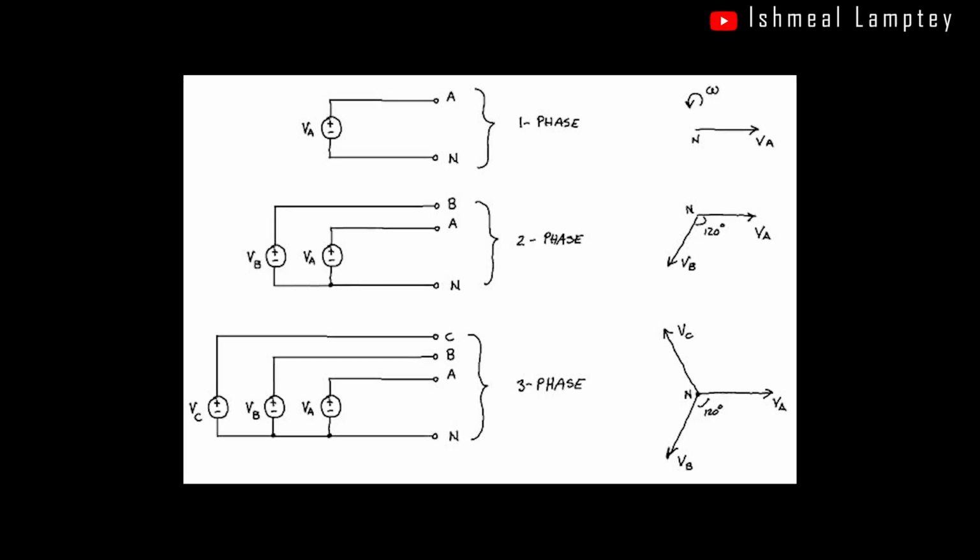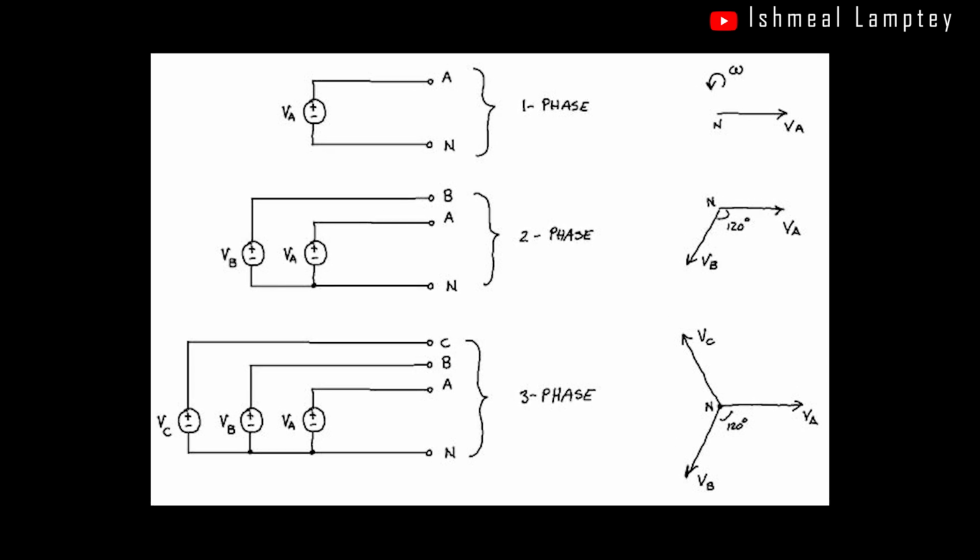One thing you also need to know is that for those who are already connected to the grid, there's something known as single phase, two phase, and three phase. Now this has to do with the amount of power that is being brought to your house from the electricity company.